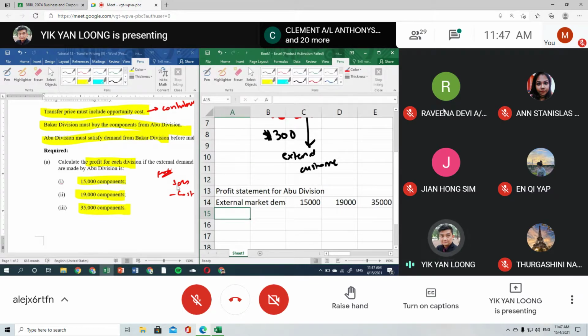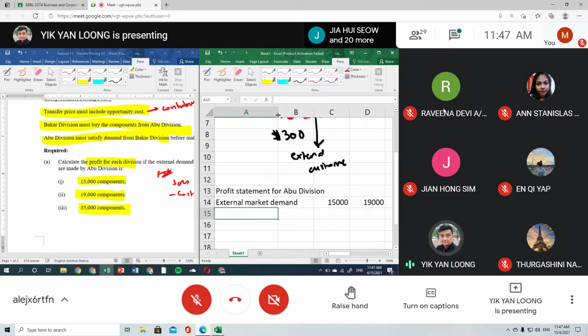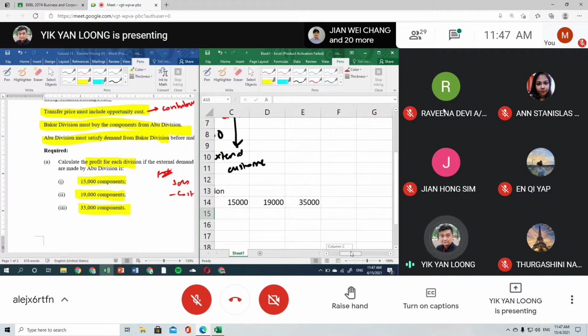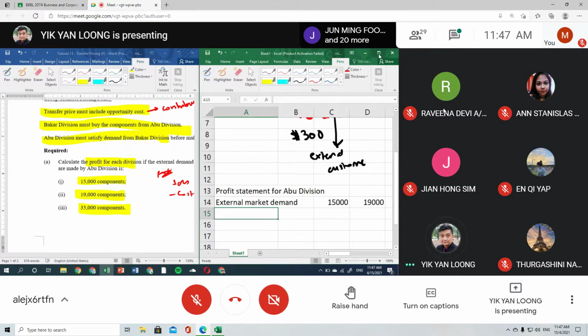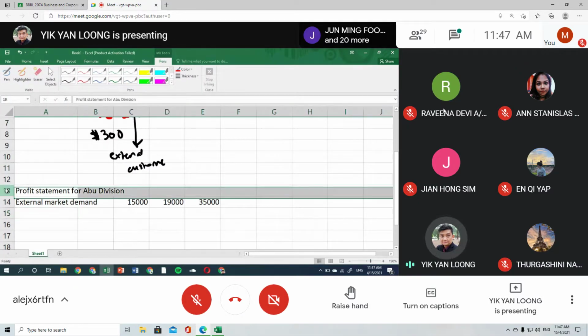By the way, this is an internal partial question, just for your information. So external demand, right, for ABU is 15,000, 19,000, and 35,000. Okay, so how do we do this then?